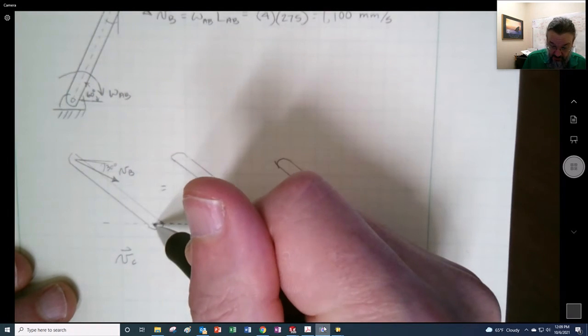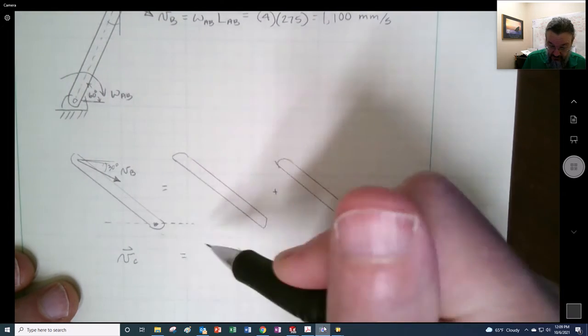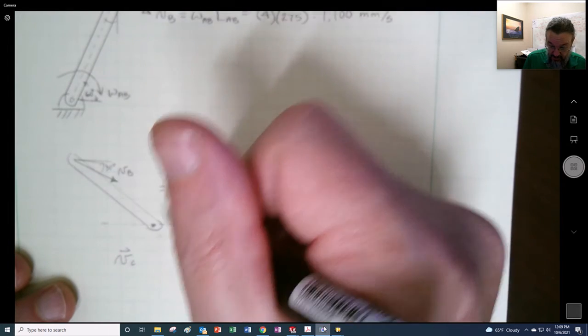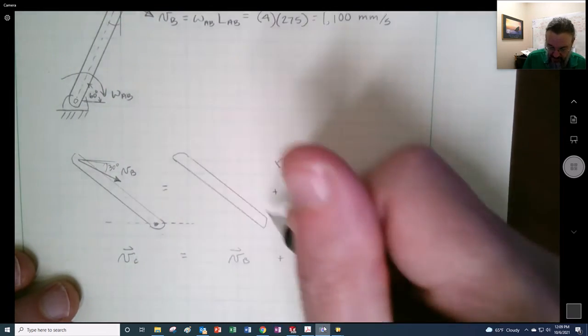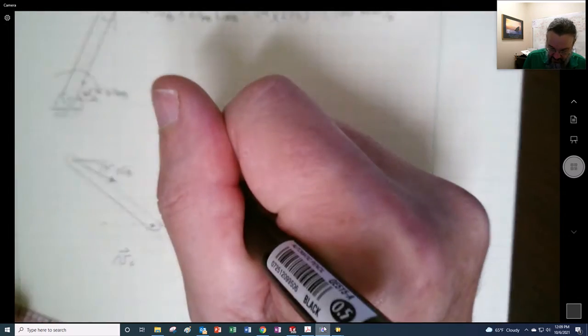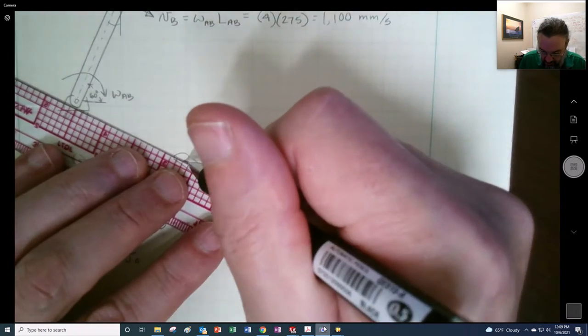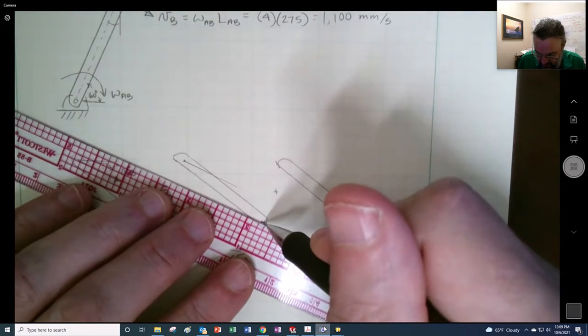So what I do here at C is I place the velocity at that location.